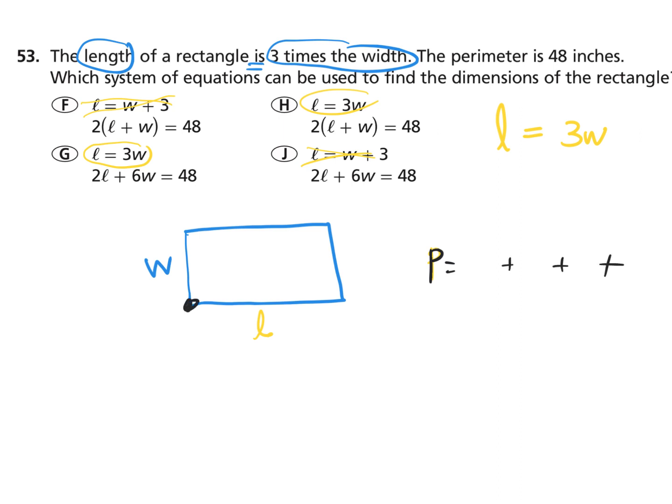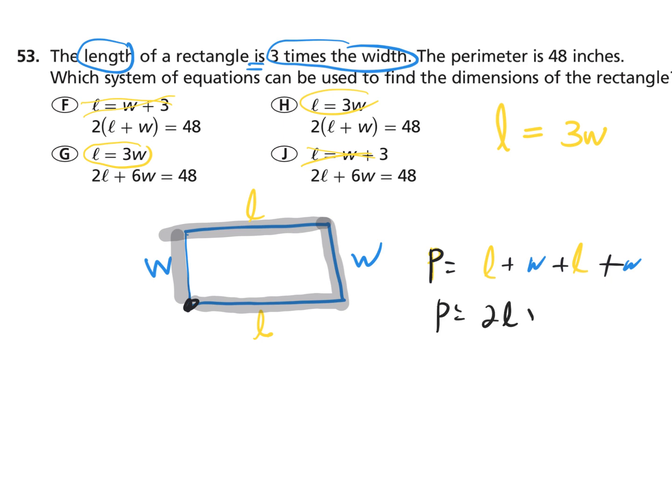Starting here, we're going to go L, and then this distance is W, and then this distance is another L, and then this distance is W. So the perimeter is L plus W plus L plus W, which is 2L and 2W.